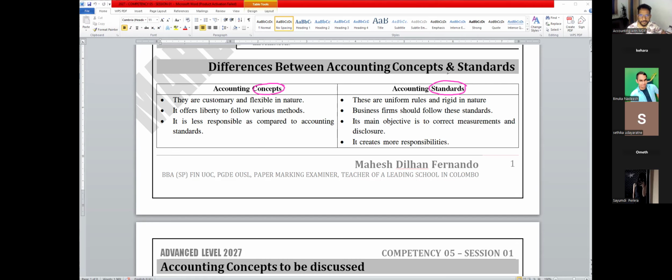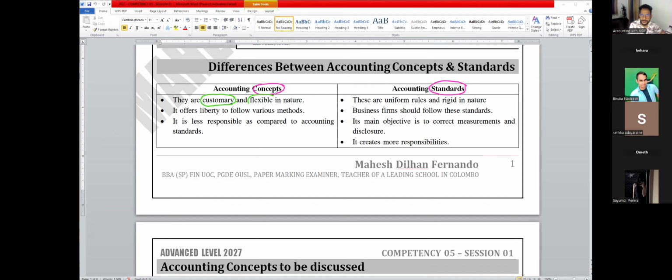Okay, listen to me. I'm speaking about accounting concepts here. They are customary and flexible in nature. Customary means it is better if you can follow it. It is customary and flexible in nature.